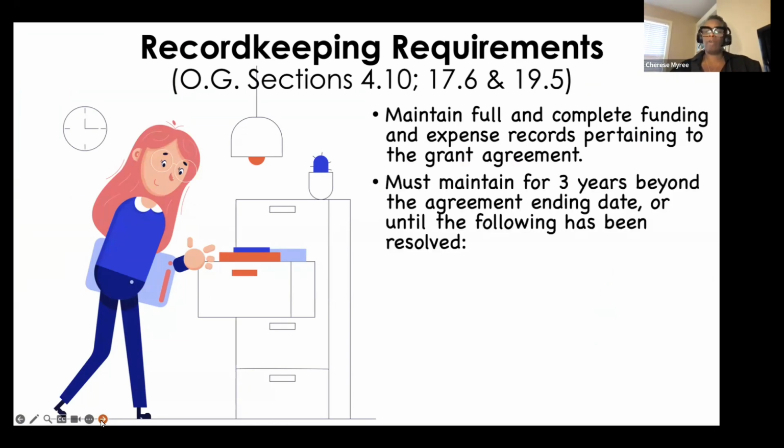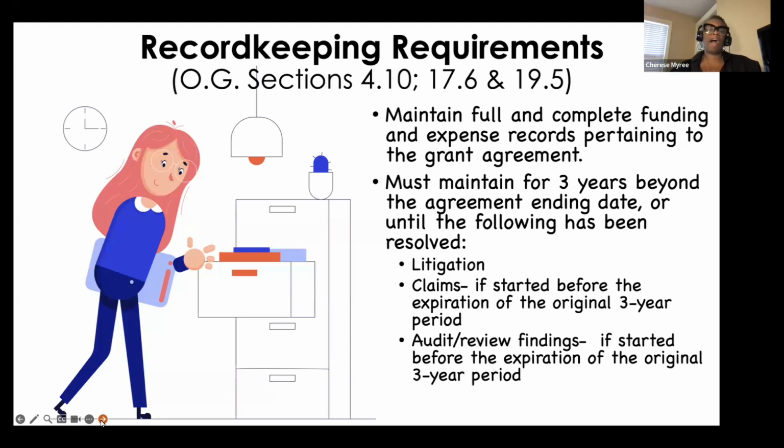You have to maintain these records for 3 years beyond the agreement ending date, or if you have any of the following things that occur, if there's any litigation or claims that started before the original 3-year period, or if there's any audit or review findings, you have to keep those records available beyond that time period.